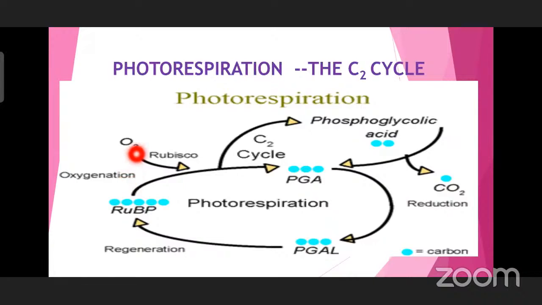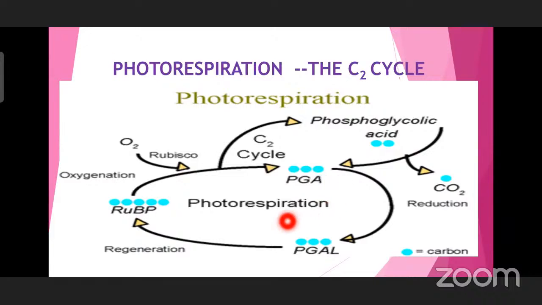RuBP, oxygen, Rubisco enzyme, and 2 products. Phosphoglyceric acid, 3 carbon compound, and phosphoglycolic acid, 2 carbon compound. Phosphoglyceric acid is a 3 carbon compound because of that carboxylation, because it is combined with carbon and forming 3 carbon. So here we will see PGAL, aldehyde, is going to form by reduction and regeneration of RuBP taking place.